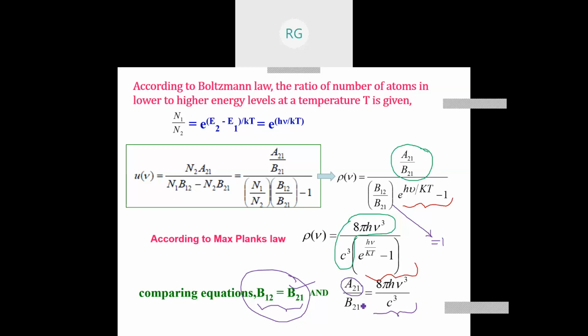However, these equations show that to get laser action, the most important thing is that you should have more atoms in the higher energy level than in the lower energy level.